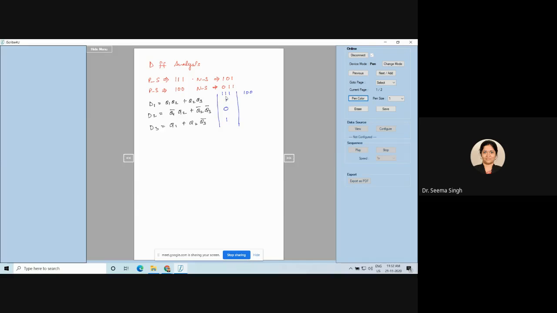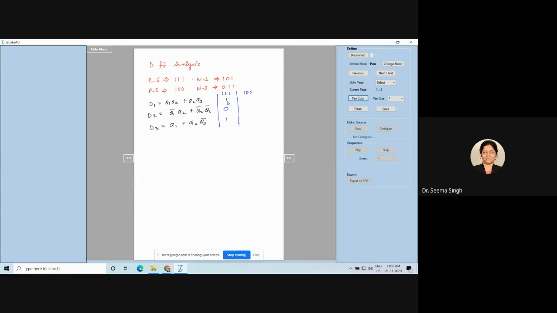So if your present state is 7, D1 is the input of the first flip flop, which will give me Q1. So Q1 with 1 will give me the input itself. The present state only becomes the next state if it is 1.